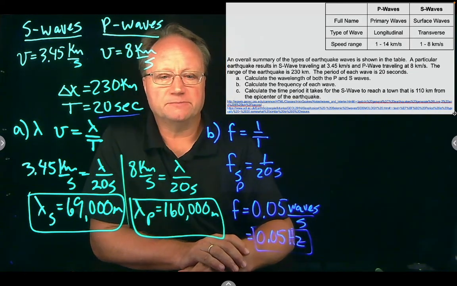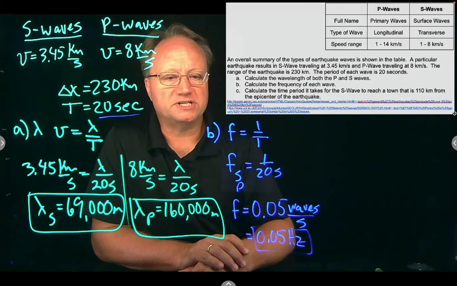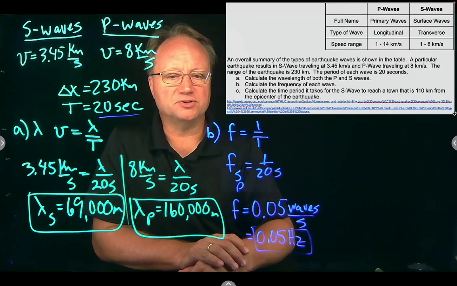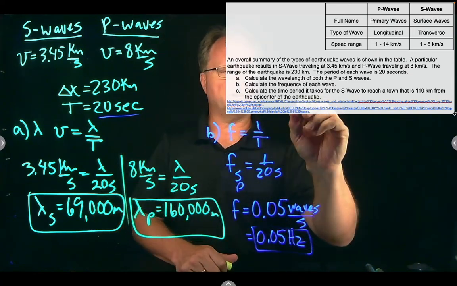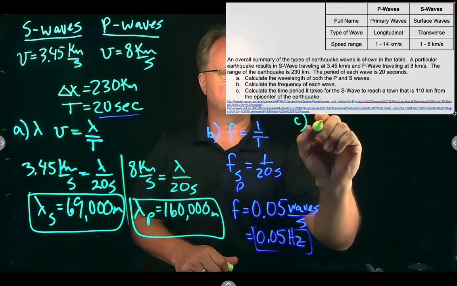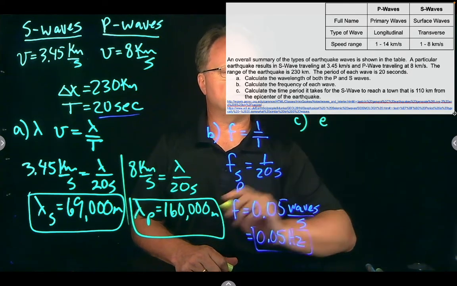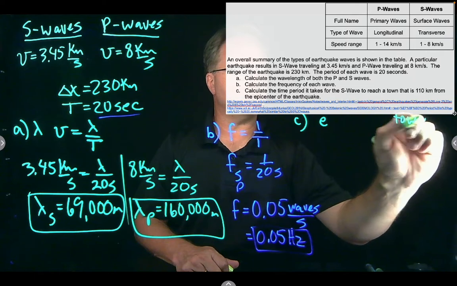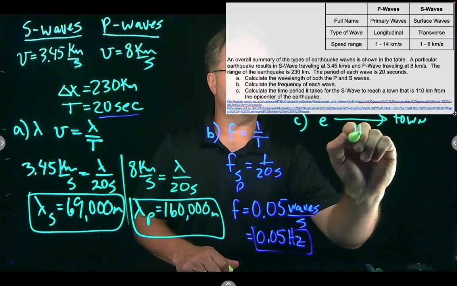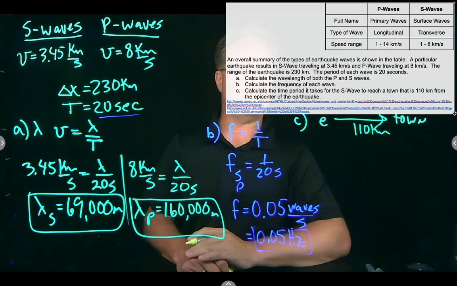Now, part C, calculate the time it takes for the S wave to reach a town that is 110 kilometers from the epicenter of the earthquake. So then we've got the epicenter, I'm just going to represent as an E, and then a town over here that is 110 kilometers.